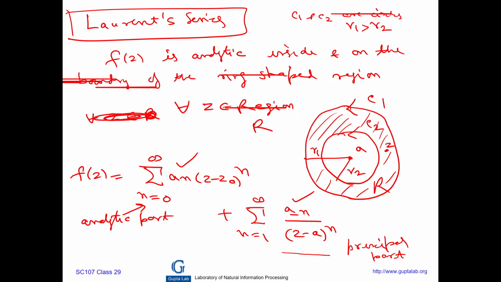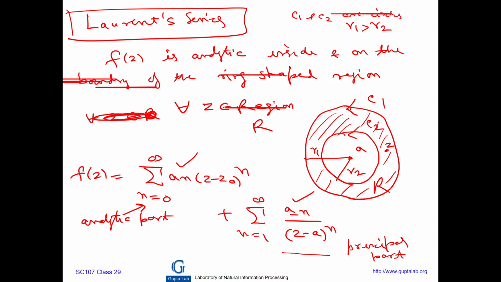Provided mod z less than 1 and all those kind of conditions. So those kind of tricks people use to find that series expansion. In practice, they don't always compute this with the Cauchy integral formula. Using a known series, substitute it and then try to find a series expansion.